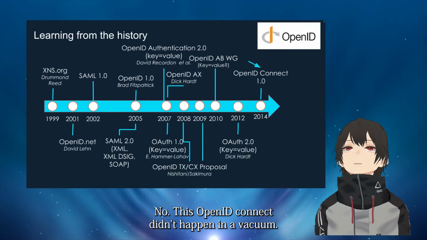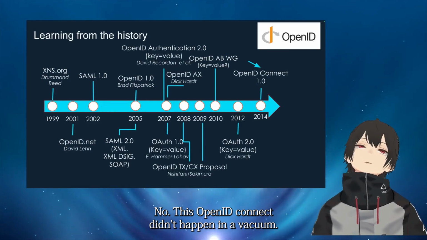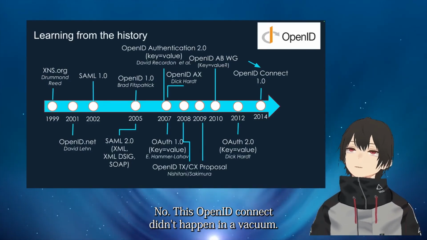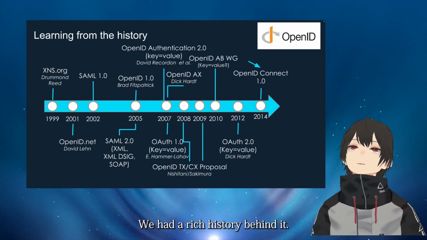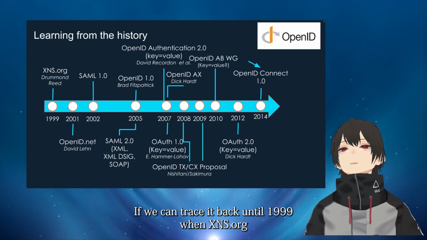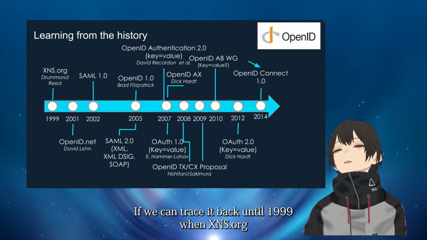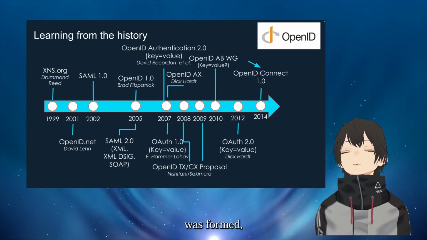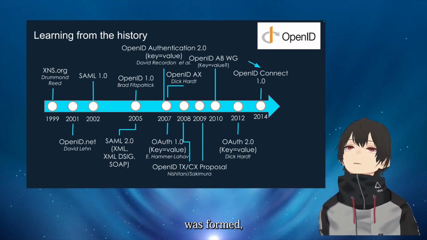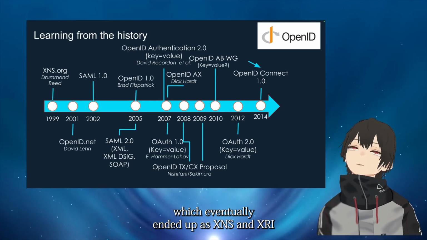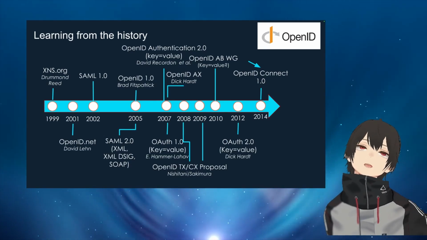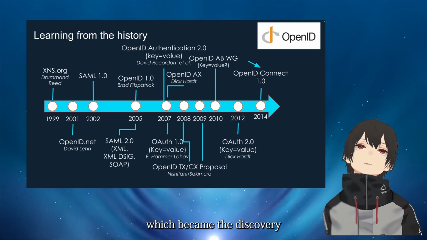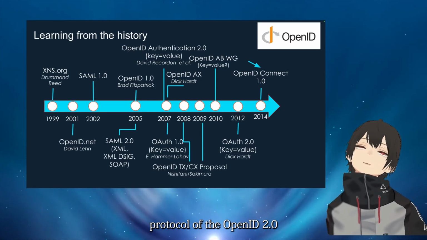Now, this OpenID Connect didn't happen in a vacuum. We had a rich history behind it. We can trace it back to 1999 when xns.org was founded, which eventually ended up as XRI, which became the discovery protocol of OpenID 2.0.